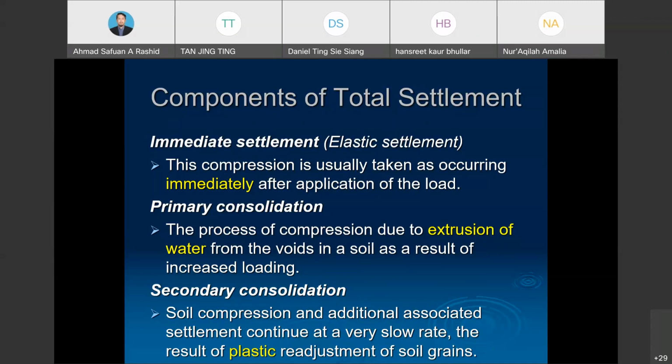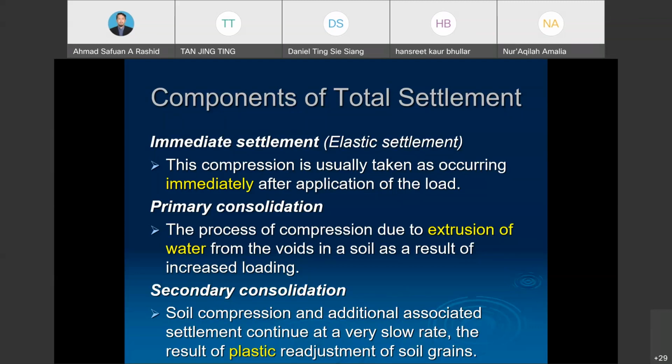So meaning that consolidation is dependent on time, which is a longer time that we apply the load. So we need to count how long the process of consolidation will be completed. So consolidation depends on the thickness of the clay layer and also the consolidation characteristic.